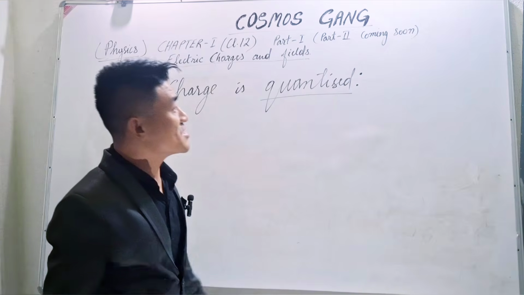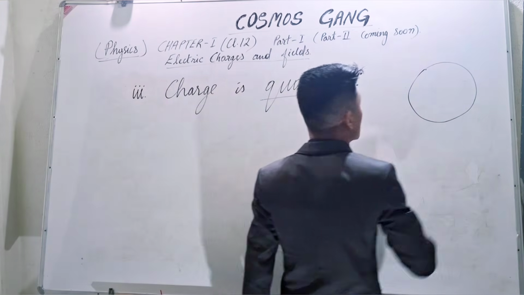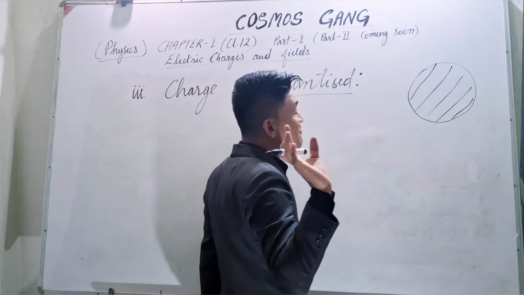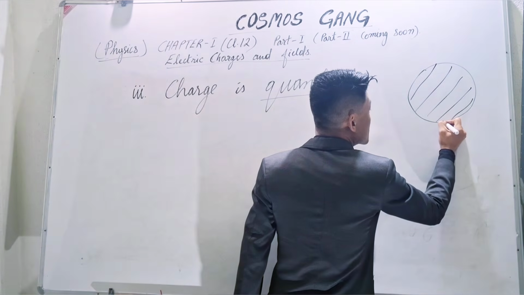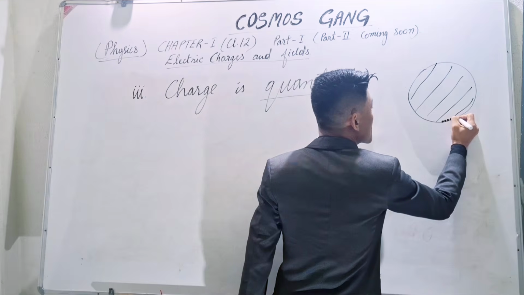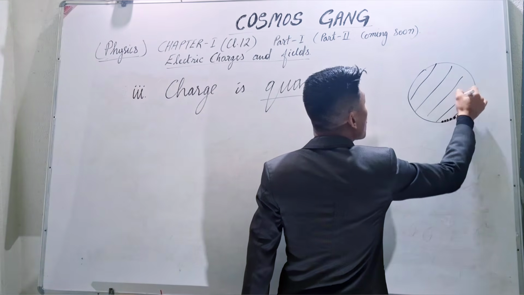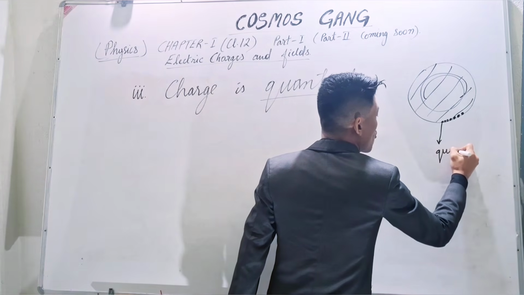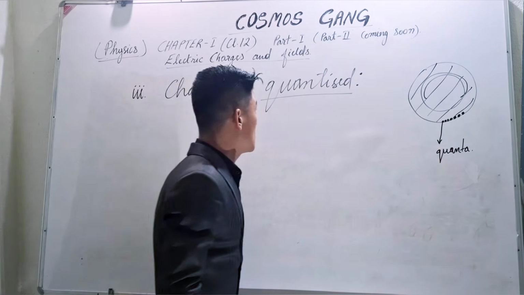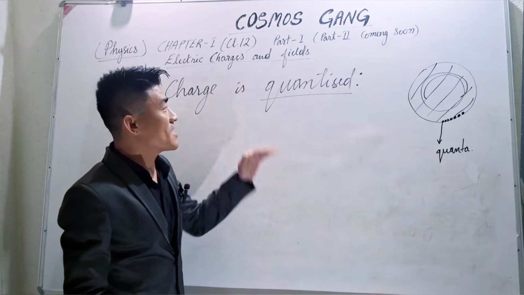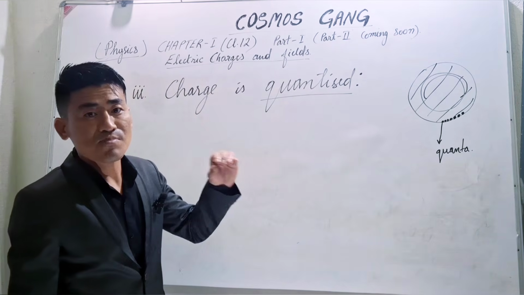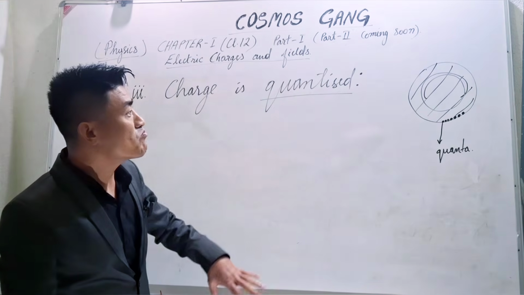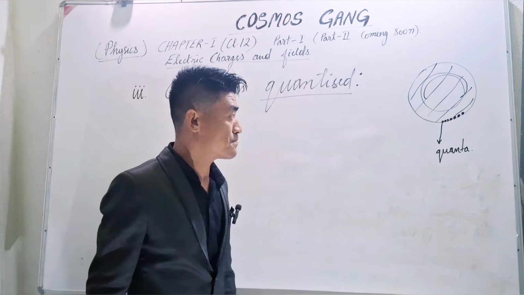You take a larger piece of something, and if you can find the smallest particle that joins to build up this whole thing, then this single particle is called the quanta. So charges are quantized by nature. That means it can be broken down to get the smallest charge that builds up a large charge.